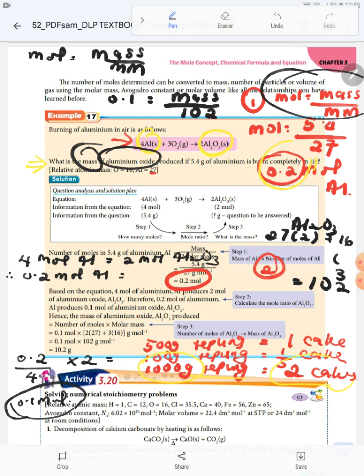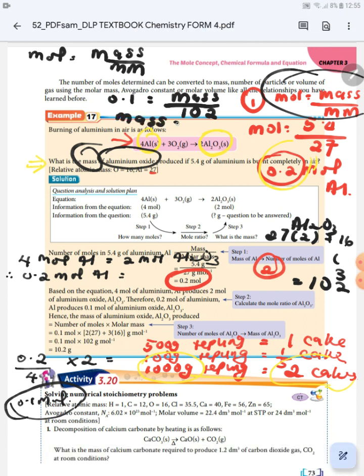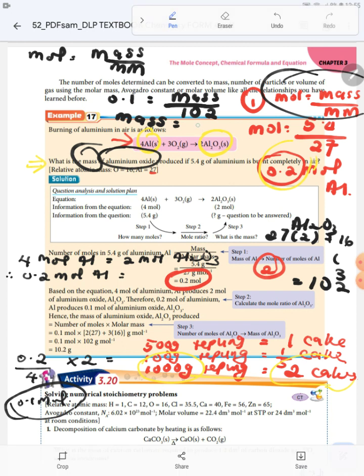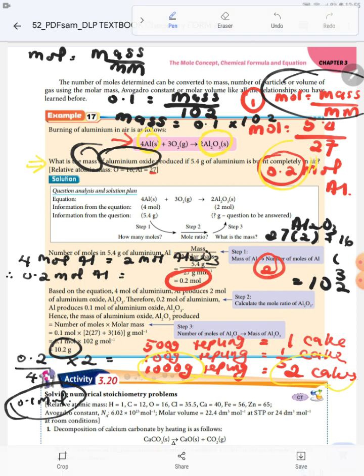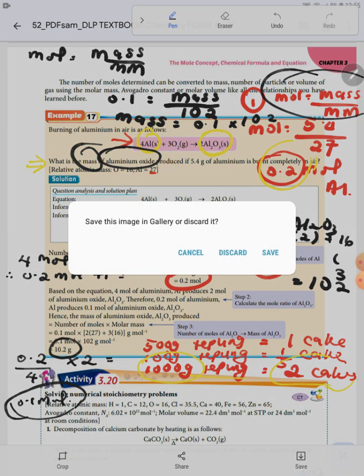So mass of aluminium oxide is 0.1 times 102. So your final answer is 10.2 gram. That is how we solve the numerical problem of chemical equation. I hope you understand. Now I will show you another example.